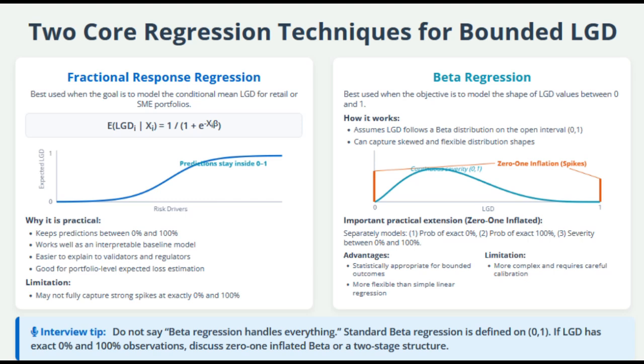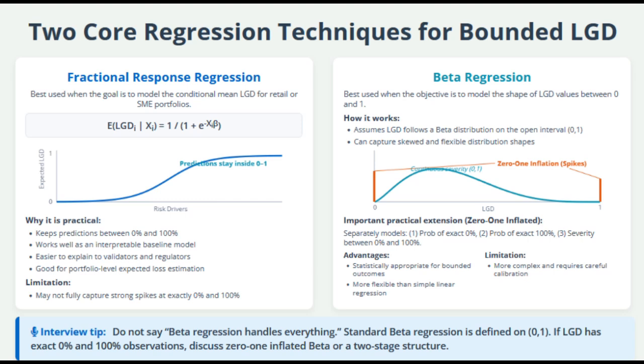This regression uses the beta distribution, naturally defined on the 0-1 open interval, and it can model various distribution shapes and is often extended to 0-1 inflated beta regression. The 0-1 inflated version first models the probability of exactly 0% LGD, meaning the perfect cure, and the probability of exactly 100% LGD, meaning the total loss, and also the beta distribution for values between 0 and 1.